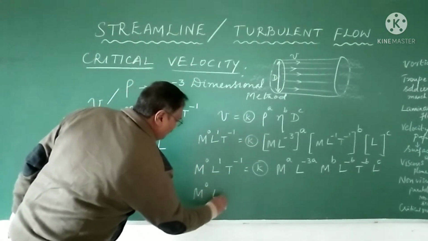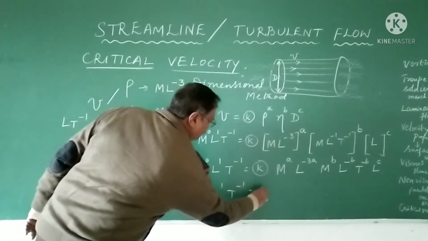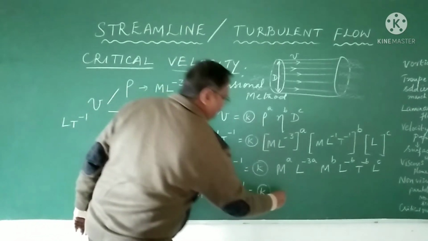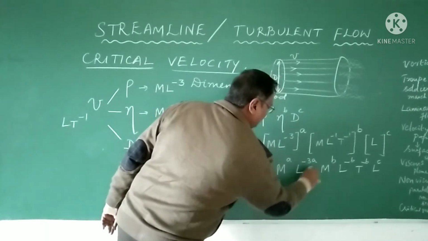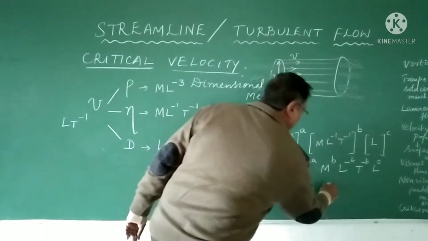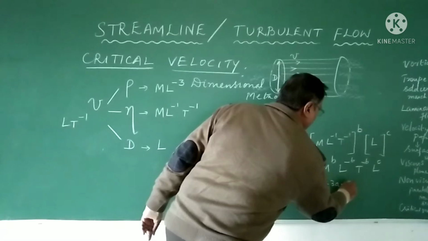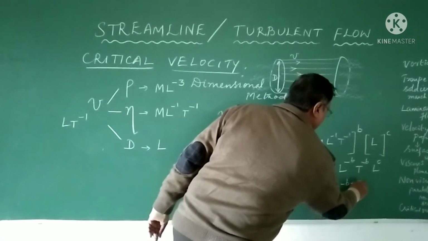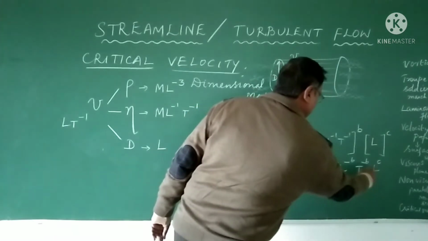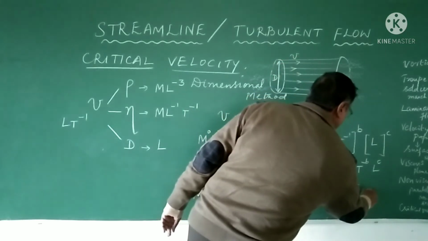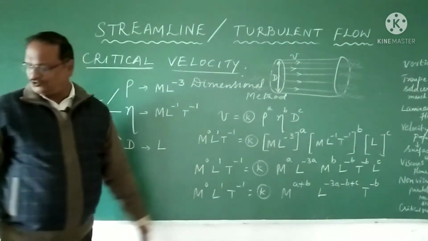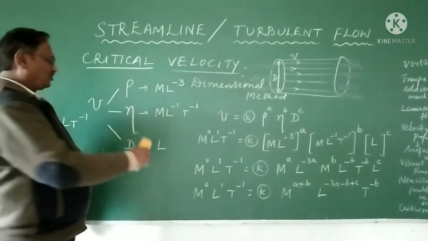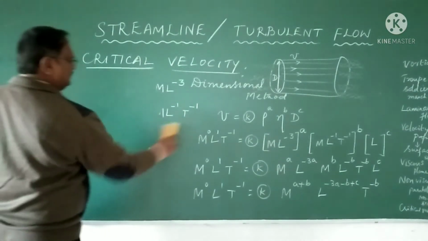M power 0, L power 1, T power minus 1 is equal to K into M power A plus B, L power minus 3A minus B plus C, three terms have come, then T power minus B. Now we have to compare the powers of M, L, T.